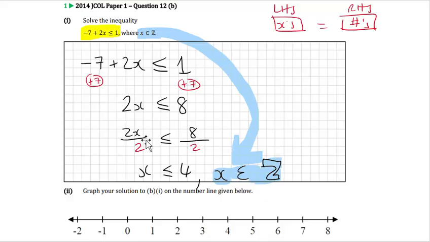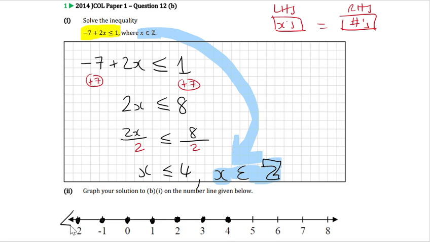So can you tell me now, looking at this question, the positive or negative whole numbers less than or equal to 4. How do I represent that on the number line? Big fat dot. 4 is less than or equal to 4. 3 is, 2 is, so is 1, so is 0, so is minus 1, so is minus 2.